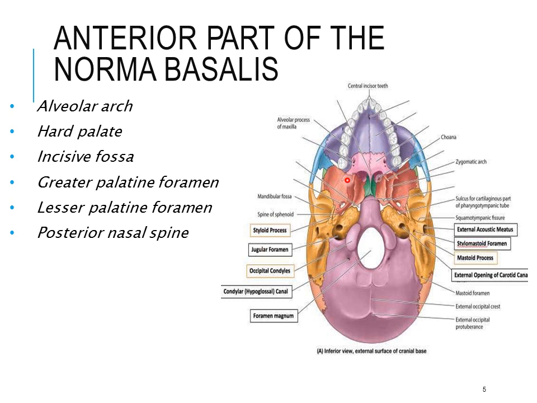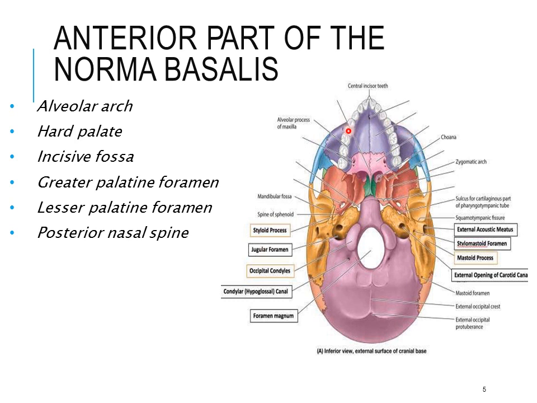Then we have the zygomatic process of the maxilla, lateral to the alveolar arch. It passes laterally and meets the zygomatic bone.